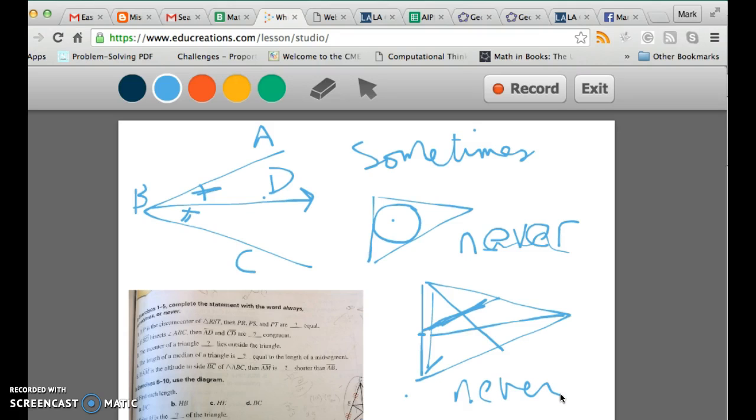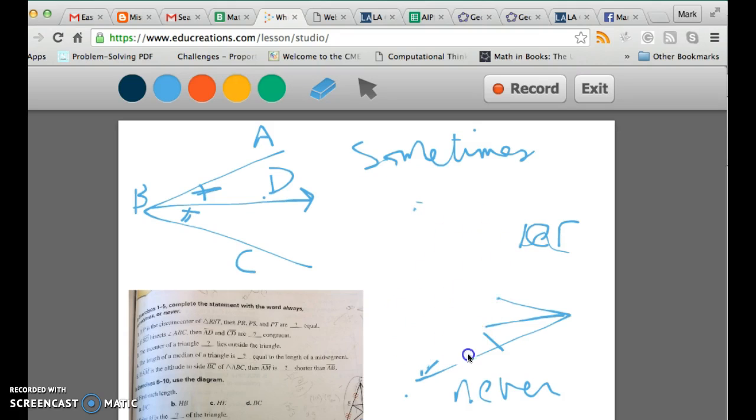Number five, if AM is the altitude from A to side BC of triangle ABC, then AM is blank shorter than AB. So let's look at triangle ABC.